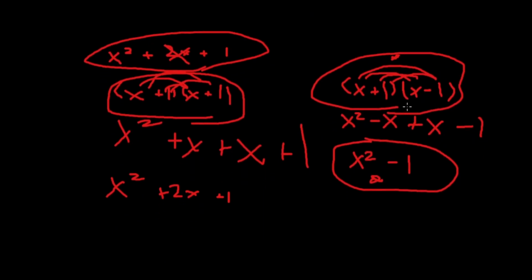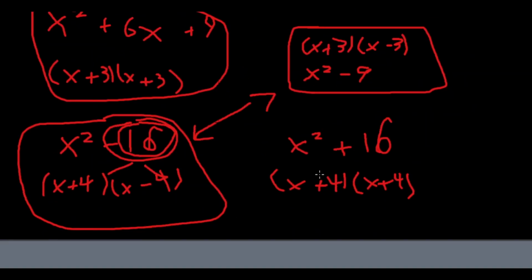Yeah. When we have only positive numbers, we did x times x to get x squared. We got plus x twice, so we had a b value. So this would not be x plus 4, x plus 4. That would actually, when you multiply this out, give you x squared plus 8x plus 16.